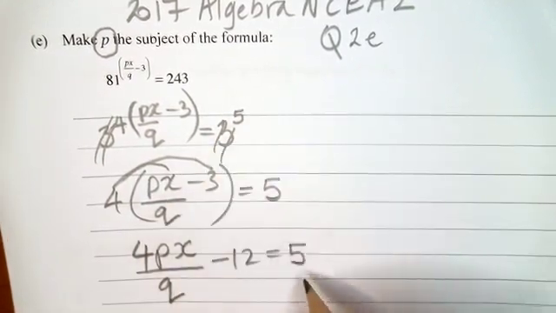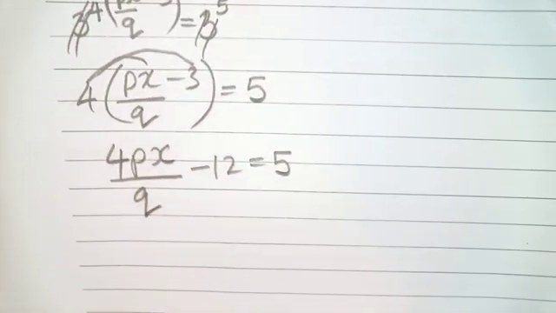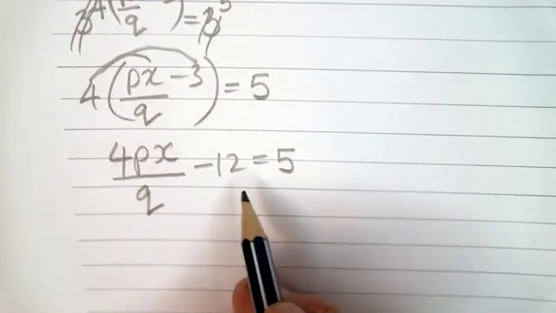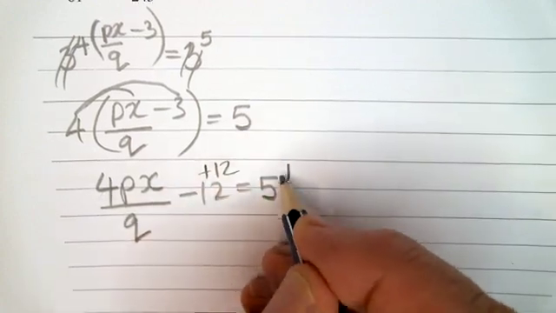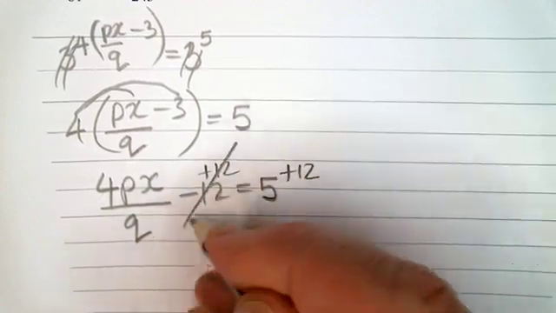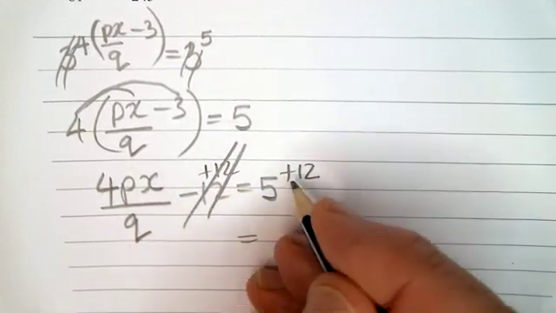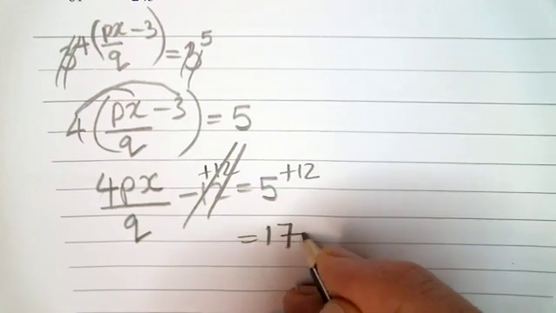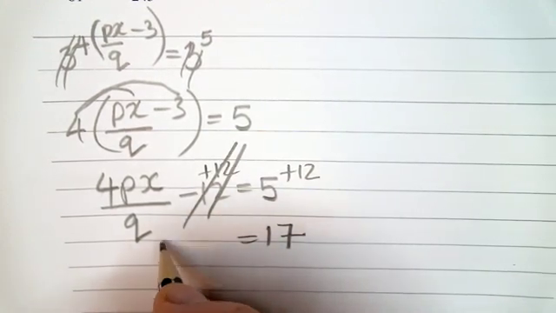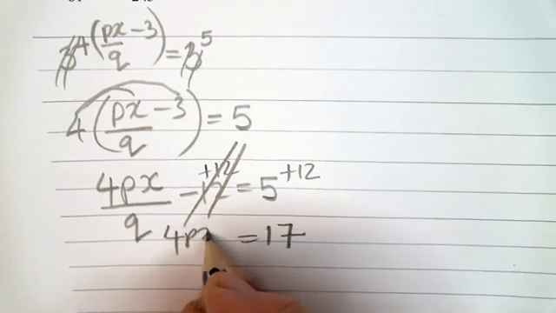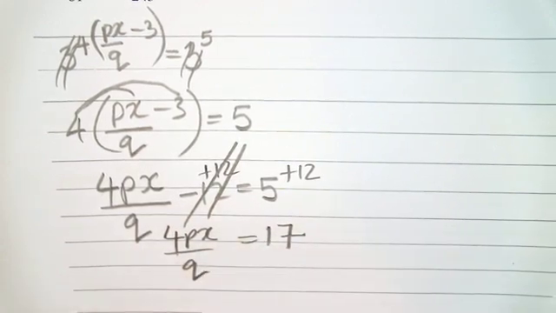Notice how I didn't keep the equals under each other as I probably should have, so that was a bit of a mistake on my part. Nonetheless, I'm going to add 12 to both sides. Meaning that on this side I've got 5 and 12 is 17, and on this side I could probably just rewrite this as 4px on q.